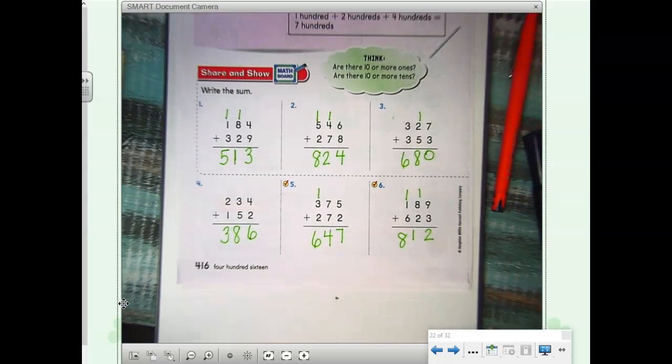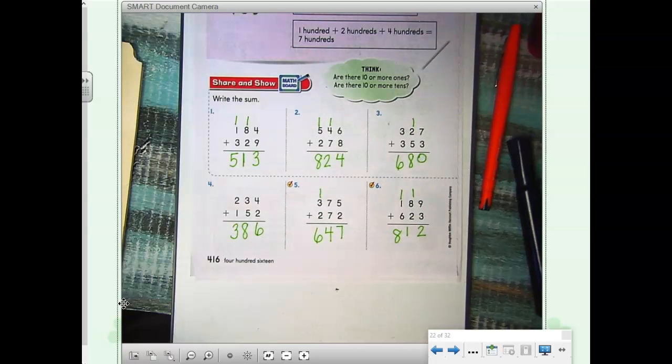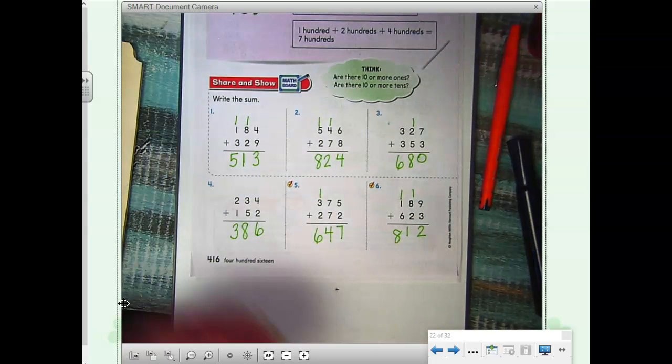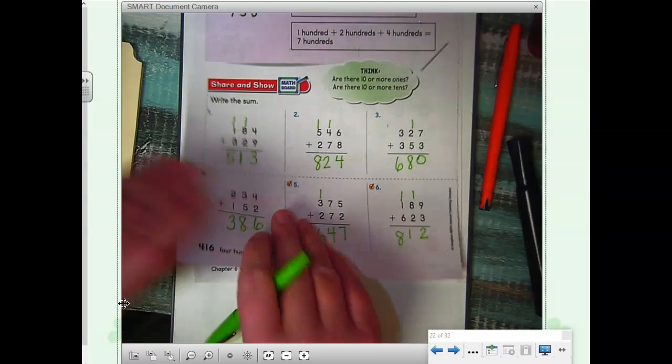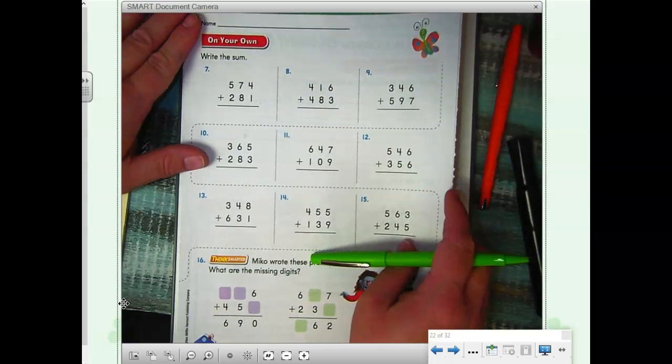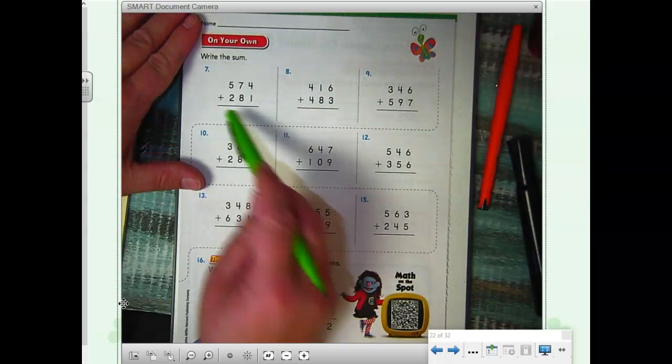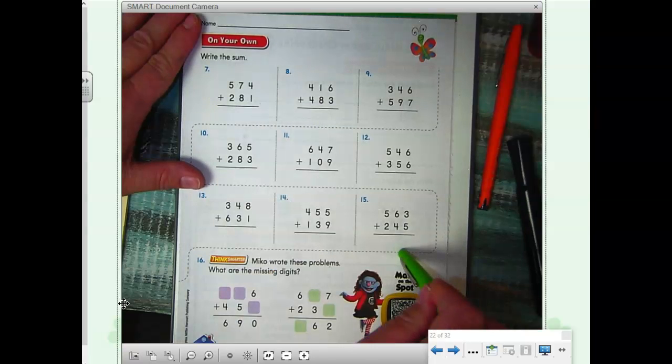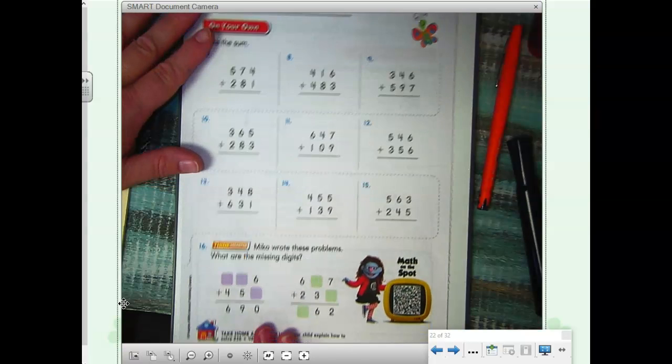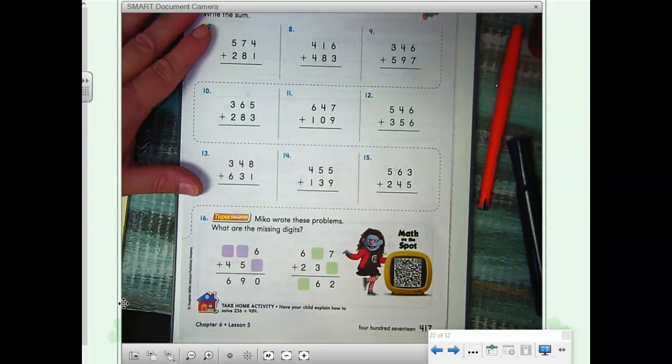All right, time for your practice today. On your practice today, you're going to do on your own. You're going to practice 7 through 15. Number 16. Miko wrote these problems. What are the missing digits? So they give you the answer here.